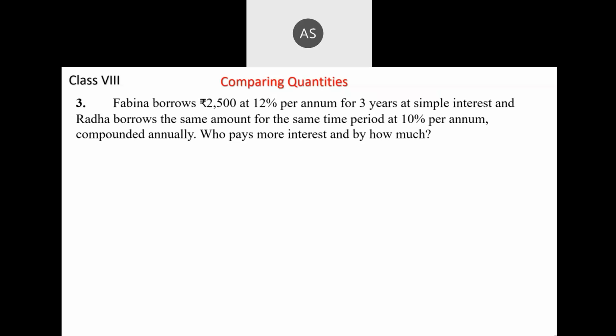Try this question. Pavina borrows rupees 2,500 at the rate of 12% per annum for 3 years at simple interest, and Radha borrows the same amount for the same time period at 10% per annum compounded annually.